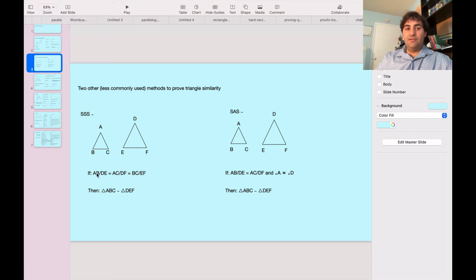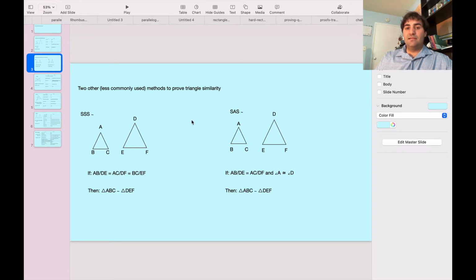This method says if all sides of one triangle are proportional to the corresponding sides of a second triangle, then these two triangles are going to be similar. So we need to know all the sides are in proportion in order to apply this theorem.